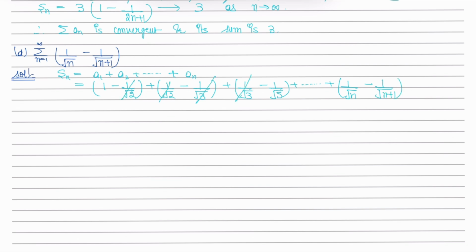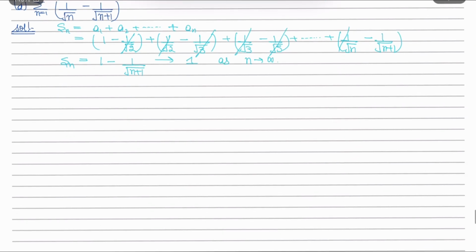Cancelling out the terms, we are left with Sn is equal to 1 minus 1 upon under root of n plus 1, and this tends to 1 as n tends to infinity. Therefore, the given series an running from 1 to infinity is convergent and the sum of the series is equal to 1.